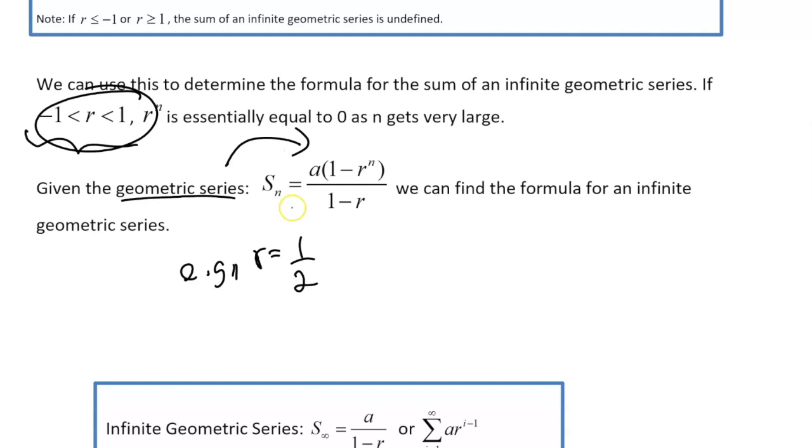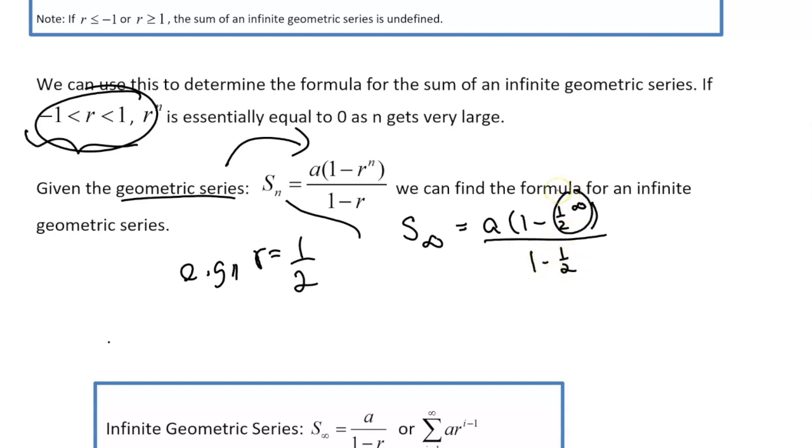So here, you could say, well, S of infinity, we have an infinite number of terms. And that's going to equal A times 1 minus, well, in this case, we said it was 1/2, and it's going to be raised to the power of n, where n is the number of terms. So we're going to say that that is an infinite number of terms.